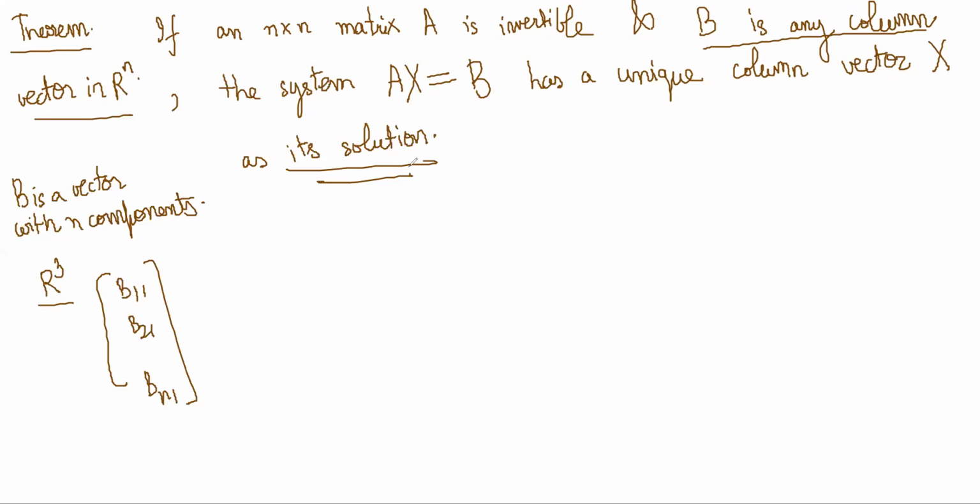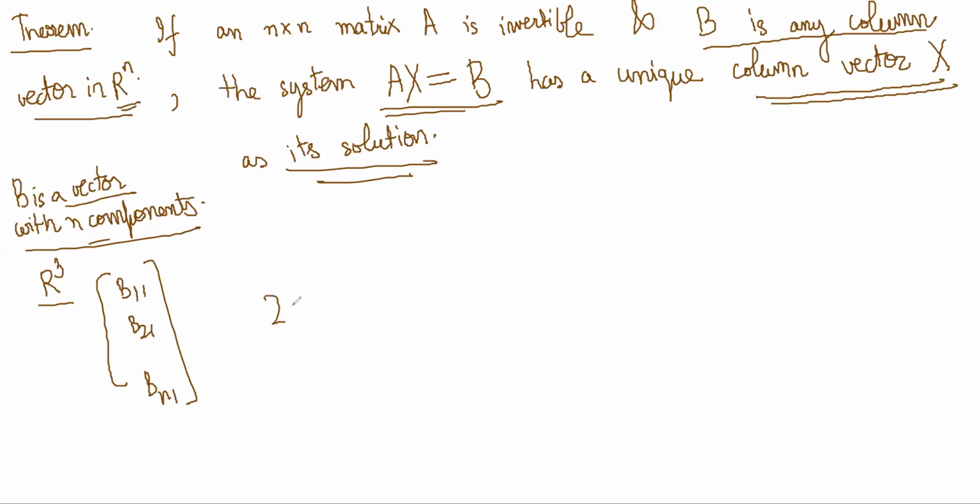So if a matrix is invertible, then this system will have a unique solution, which is going to follow from the properties of inverse that we have already discussed earlier. So this is nothing new. What I just want you to know is what is the meaning of a column vector with n components. This is in R power n.